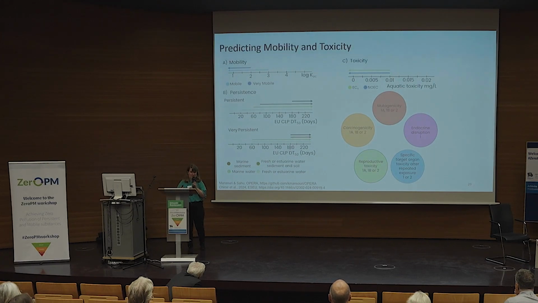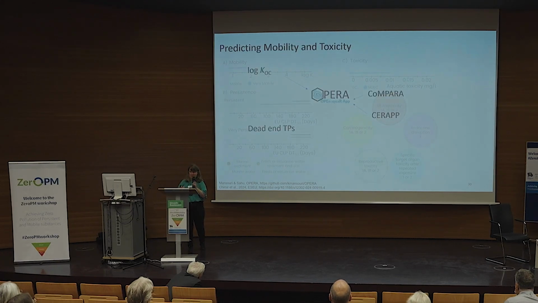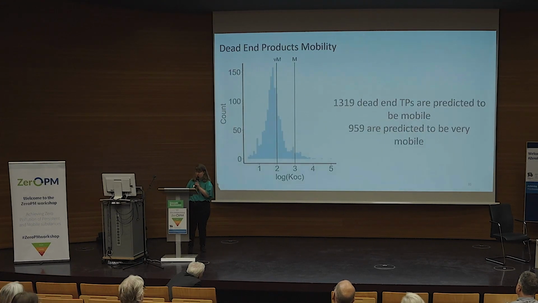But for our purposes, we use OPERA to predict the log KOC value and the endocrine disruption using Sept and Compara. And we assume that any compound that is a dead-end transformation product will be a persistent or very persistent compound.